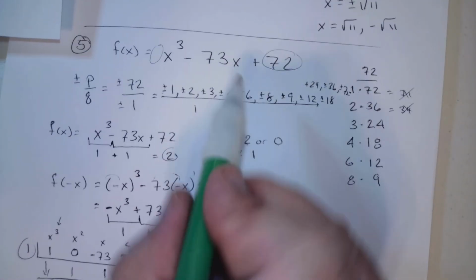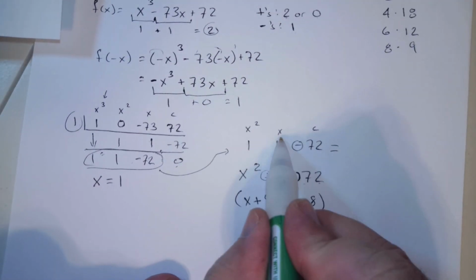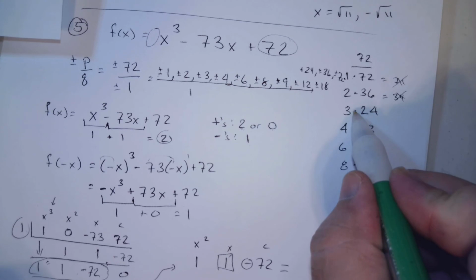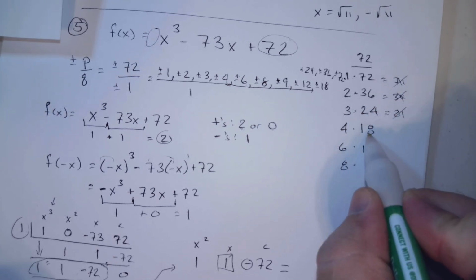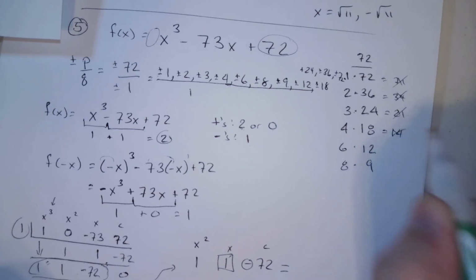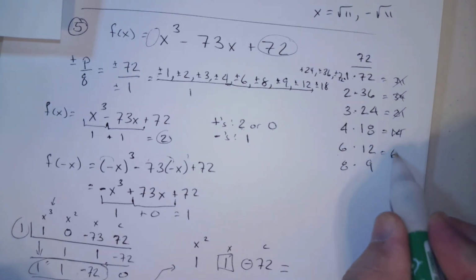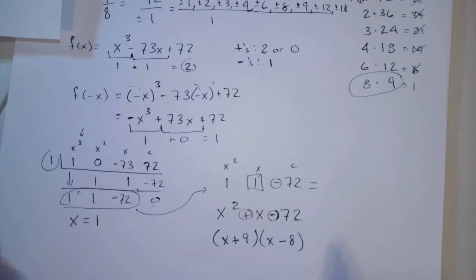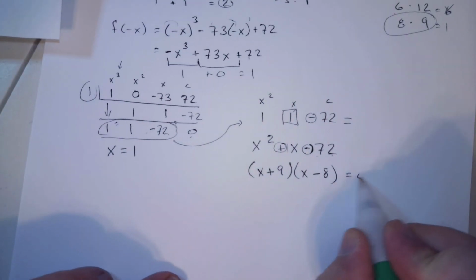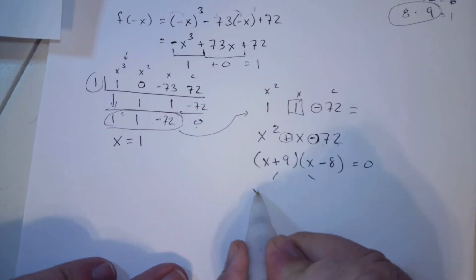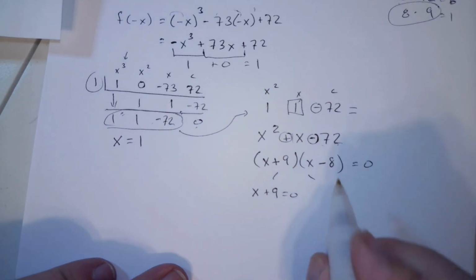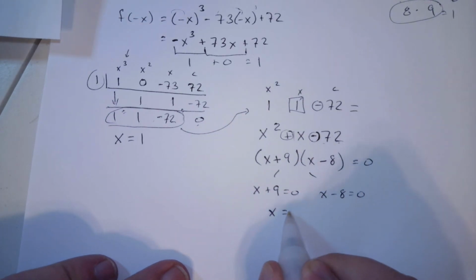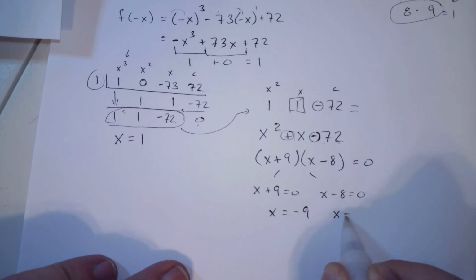That's not right, because we're looking for 1 when you subtract them. 24 minus 3 is 21. Nope. 18 minus 4 is 14. Nope. 12 minus 6 is 6. 9 minus 8 equals 1. So these are the numbers, 9 and 8. Set them both equal to 0. X equals negative 9. X equals 8.